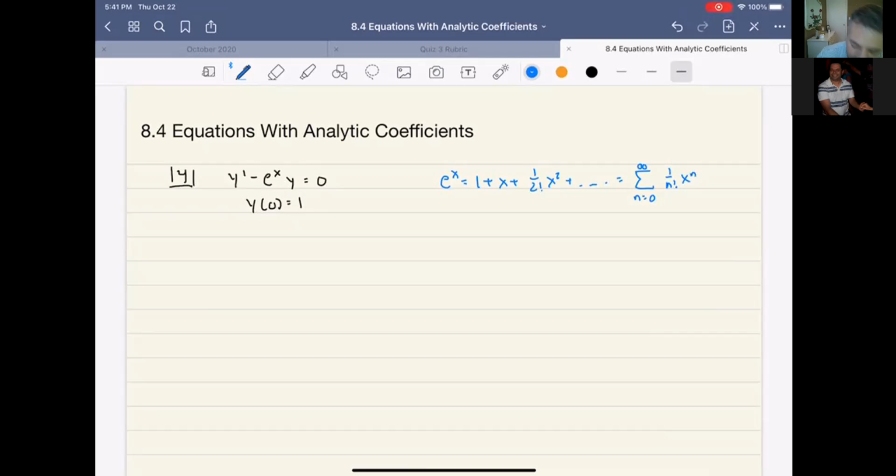And just for our own sake, I'm going to write this as the sum, n goes from 0 to infinity, b sub n x to the n, where b sub n equals 1 over n factorial. You'll see why I'm doing that in a minute, okay?